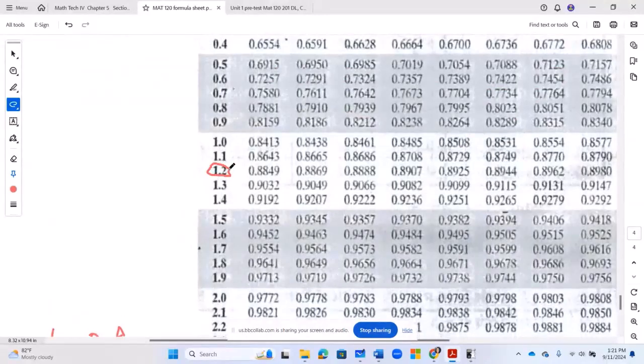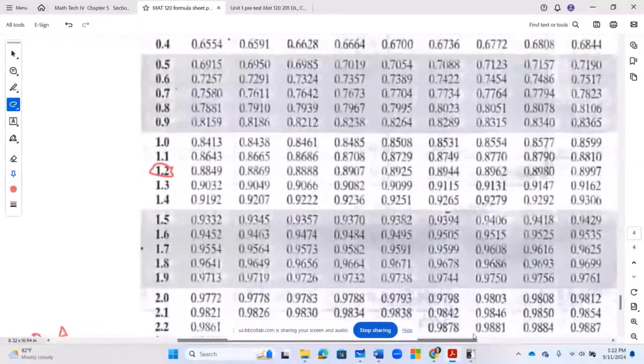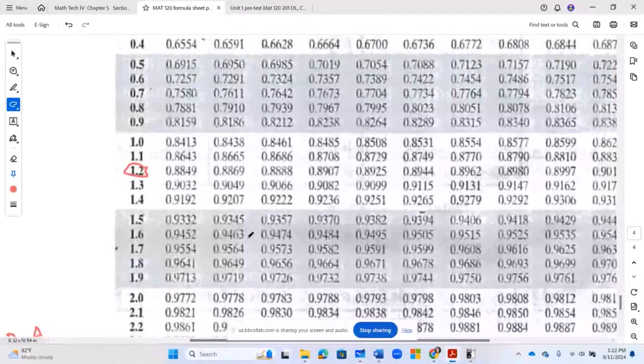I'm looking for the hundredths number: 1.20, 1.21, 1.22, 23, 24, 25, 26, 27. I've got to move it to the right a little bit. All right, so 0, 1, 2, 3, 4, 5, 6, 7, 8.